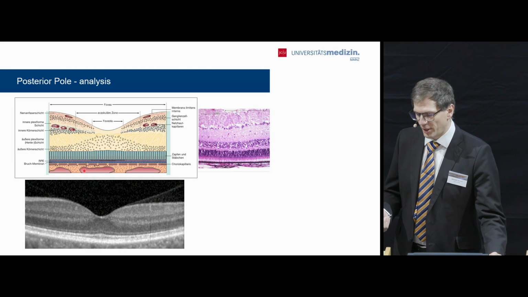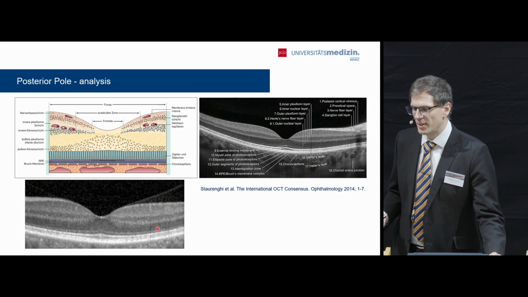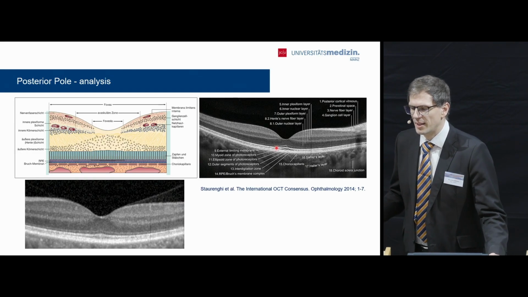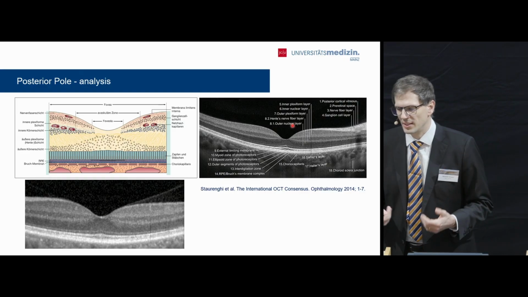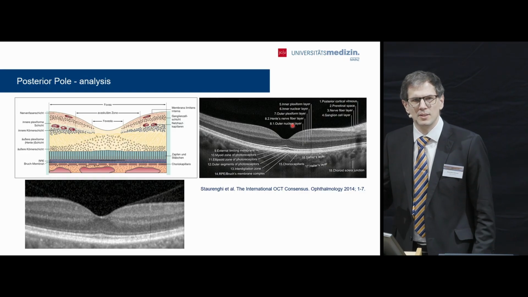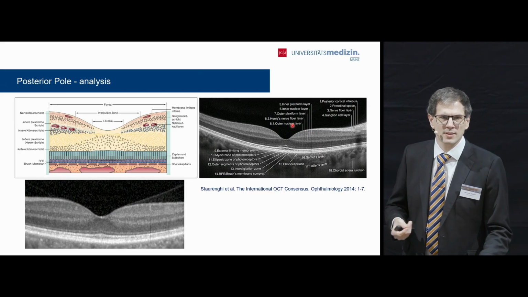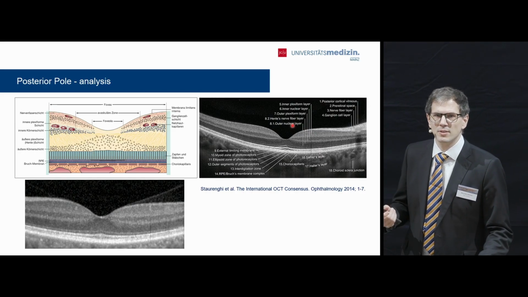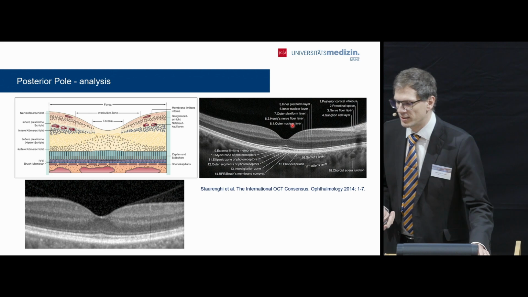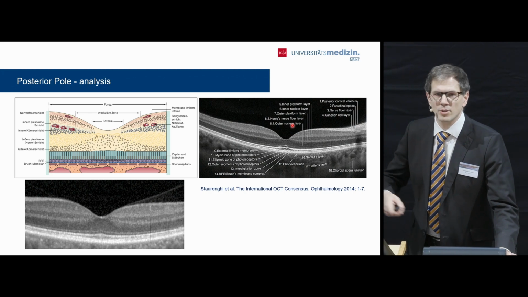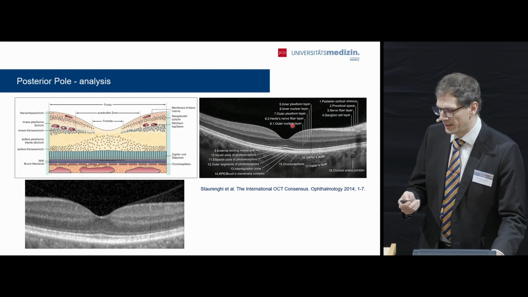And again, we can name them and segment them and differentiate to see what there might be between different optic neuropathies and how we can use this as a marker for diagnosis or for progression analysis in the course of the disease.